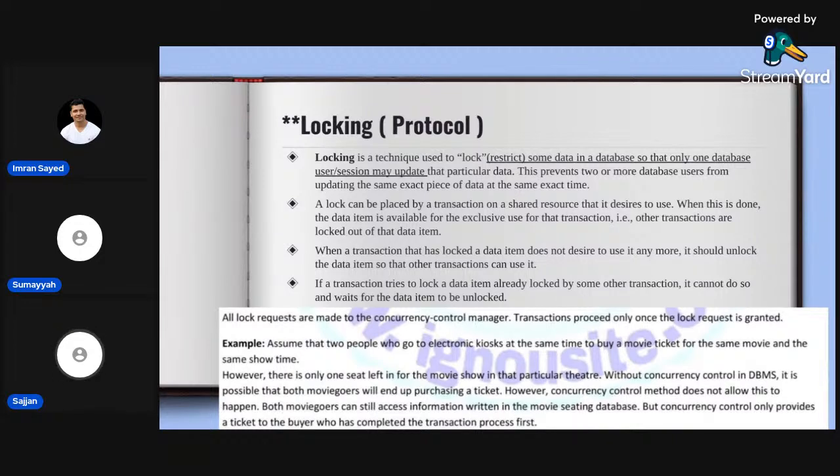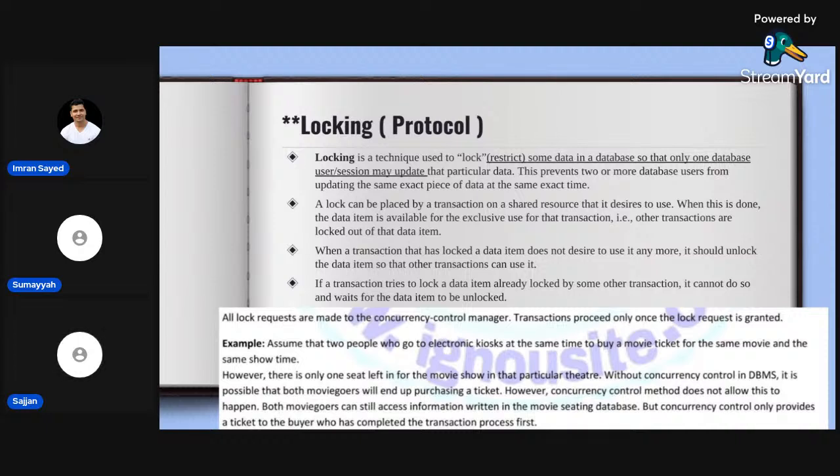Without concurrency control in DBMS, it is possible that both the moviegoers end up purchasing a ticket. However, a concurrency control method does not allow this to happen. Both moviegoers can still access information written in the movie ticket database, but concurrency control only provides a ticket to the buyer who has completed the transaction process first.